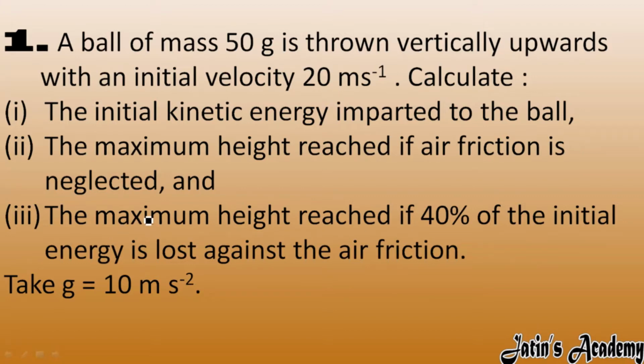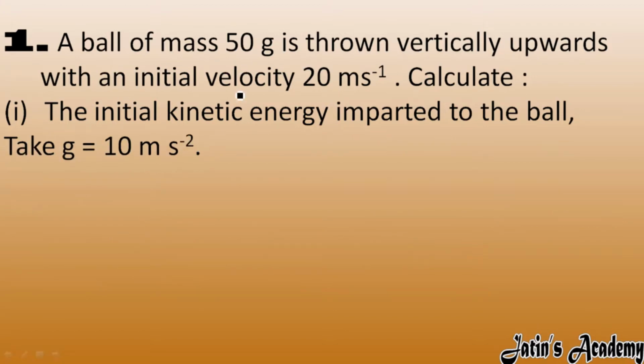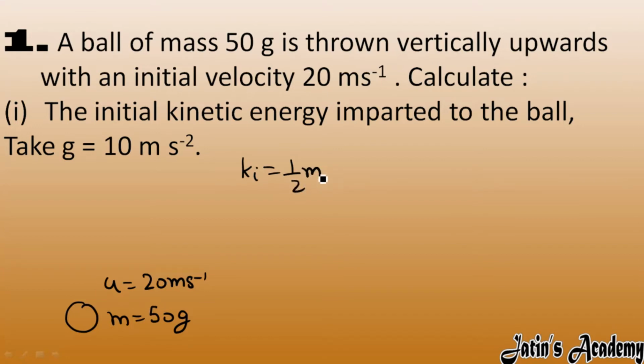Now carefully see the question. A ball having mass 50 gram is thrown vertically upward with an initial velocity of 20 meter per second. We have to calculate the initial kinetic energy imparted to the ball. So initial kinetic energy is half mv square, but here v is the initial velocity, which is u, given as 20.